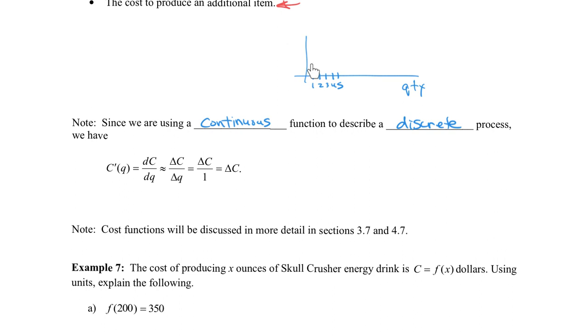So really, this cost function wouldn't be smooth, it'd be clunky, right? It would jump up and be a step function over here, but we're going to approximate it with a smooth curve. And these cost functions will be discussed in more detail in other sections here. But basically, we're going to talk about both of these. We'll talk about marginal cost. We'll talk about also the change in cost.